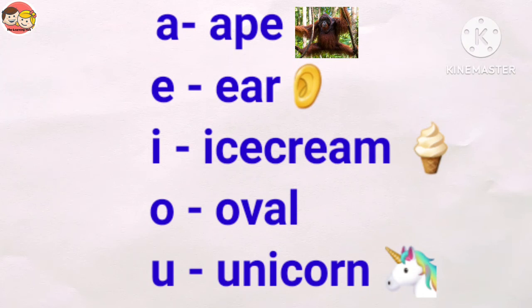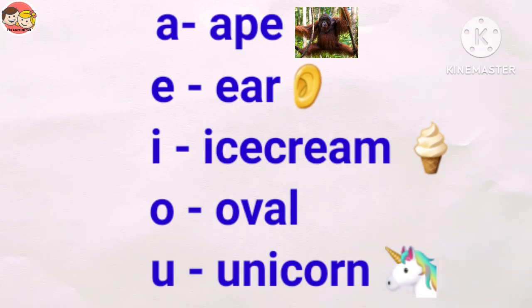So long vowel sounds are A, E, I, O, U. Long vowel sounds means when a vowel makes the same sound as the way its name is pronounced. So children, hope you understand the difference between short and long vowel sounds, right?